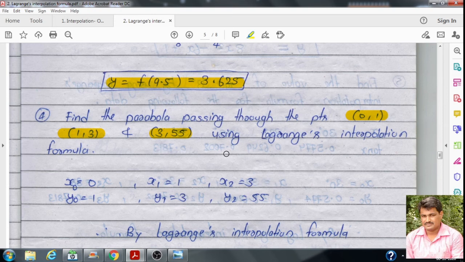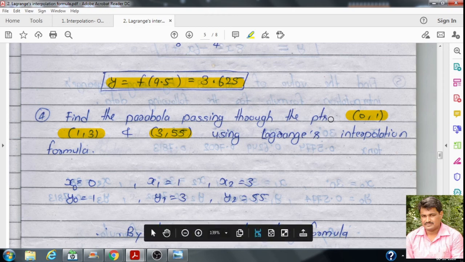Parabola means a polynomial equation passing through the points. In each bracket, the first term indicates the value of x and the second term indicates the value of y.